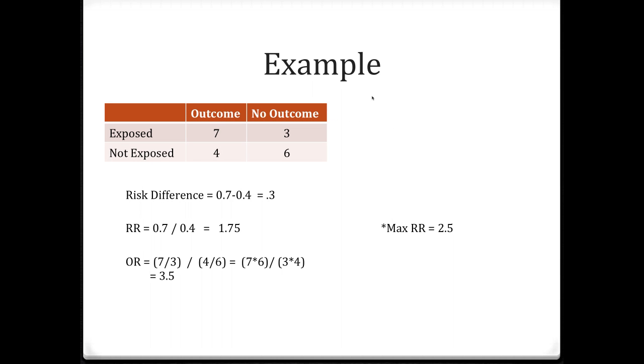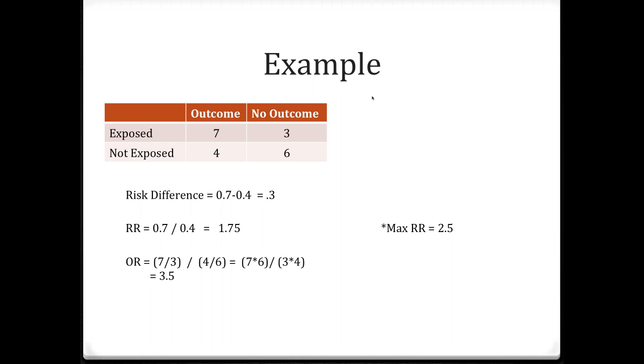Let's take an example to compare these measures. In this example, the risk difference is 0.3, or 30%. In English, the risk of the outcome is 30% less in the non-exposed group. The relative risk is 1.75, or the risk of the outcome is 1.75 times greater in the exposed group compared to the unexposed group.